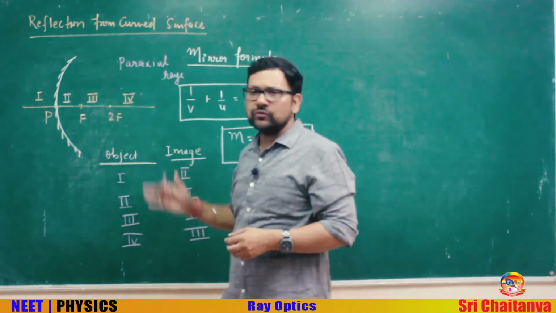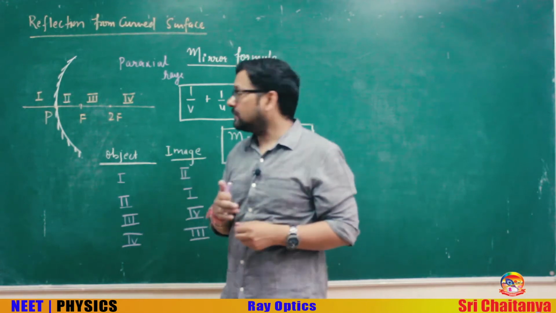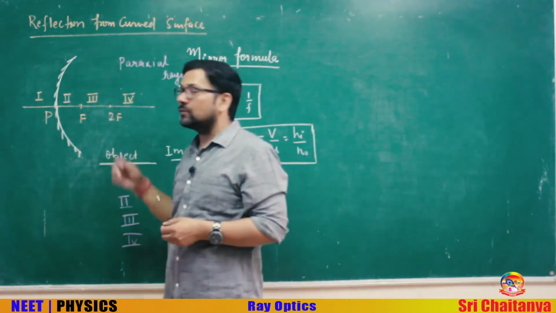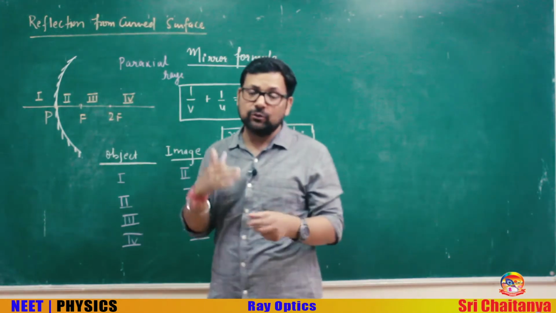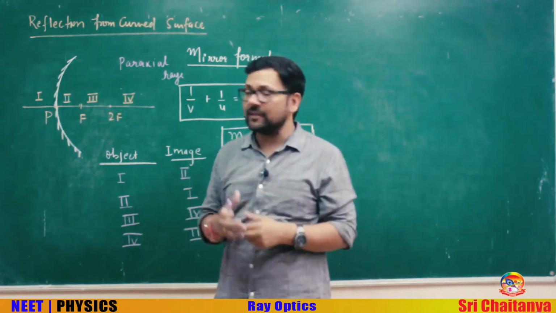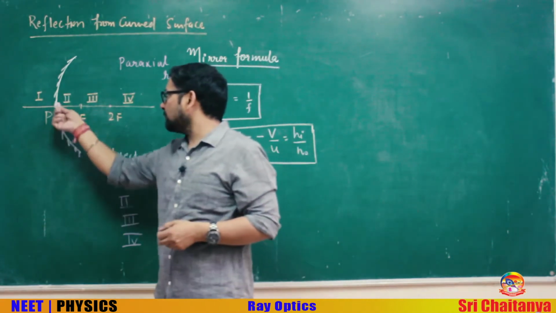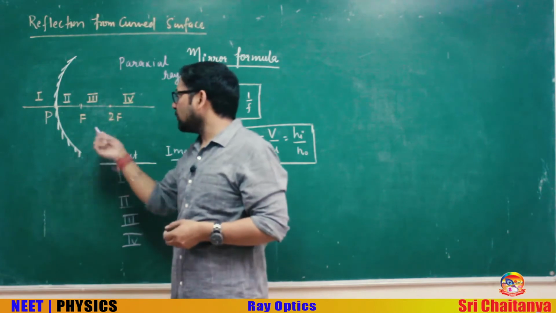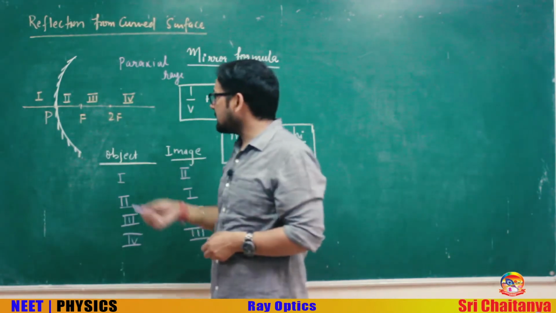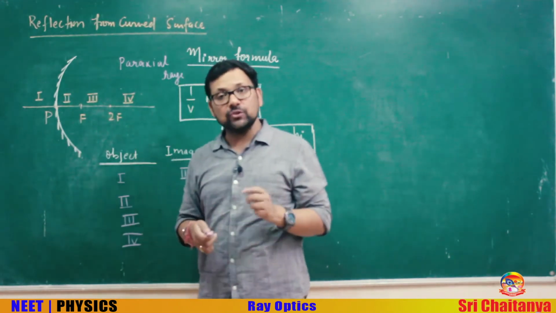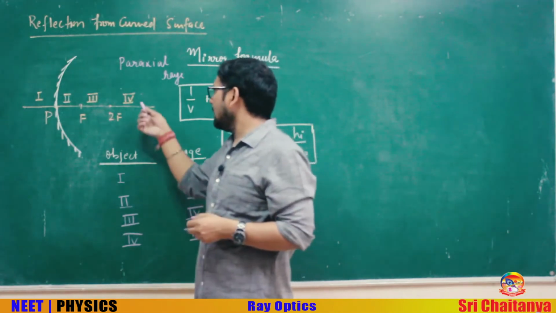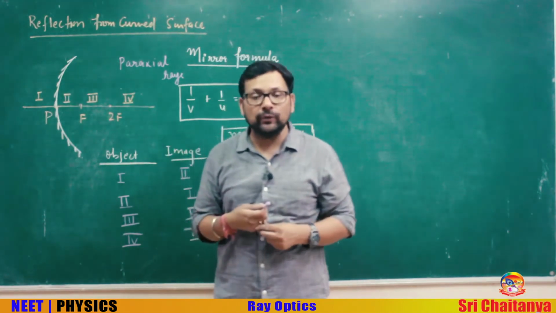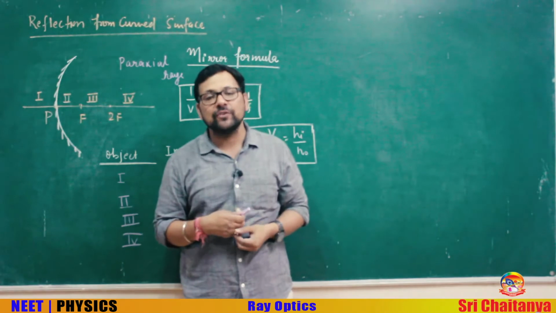There are 4 zones into which we can divide the spherical mirror surroundings. The positions where you can put the image or have an object-image relationship are: first, beyond the pole; second, between the pole and the focus; third, between the focus and the 2f, that you know is R; and fourth, beyond 2f, which at times is called infinity also.